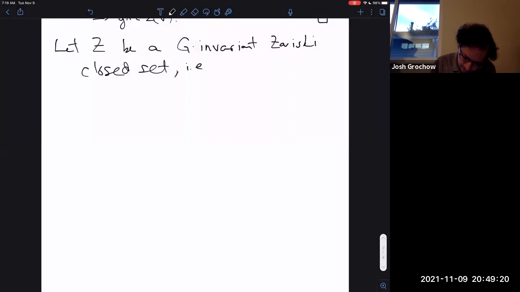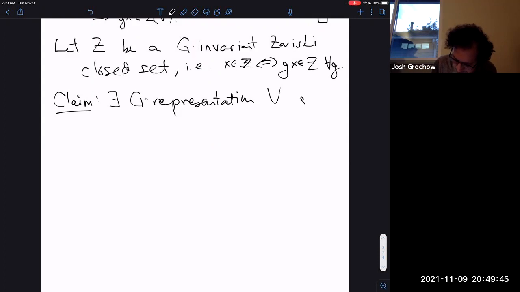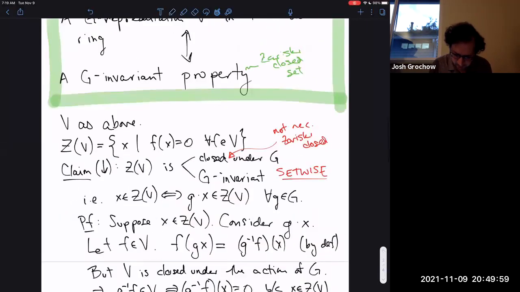And to be specific, i.e. this means X is in Z if and only if GX is in Z for all G. Okay, and our claim is now there exists a G representation V such that Z is the zero locus of V. One thing to note here, and this was the thing I was worried about being careful about before, I just said a representation.